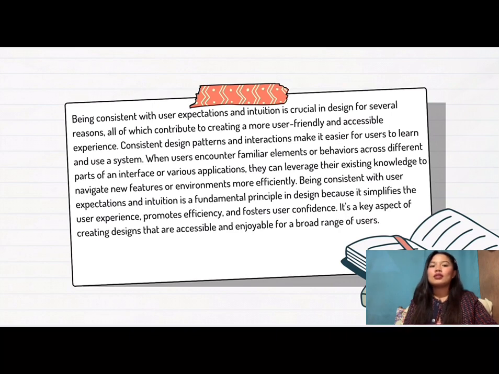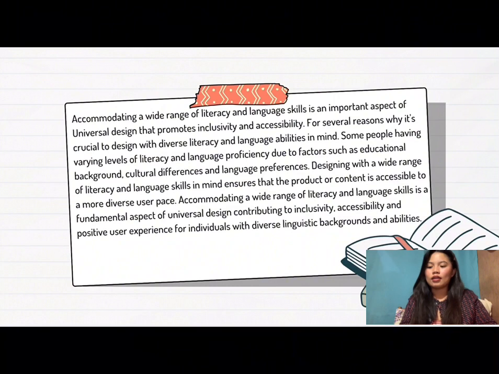So, being consistent with user expectations and intuition is a fundamental principle in design because it simplifies the user experience, promotes efficiency, and fosters user confidence. It's a key aspect of creating designs that are accessible and enjoyable for a broad range of users. Next is to accommodate a wide range of literacy and language skills.